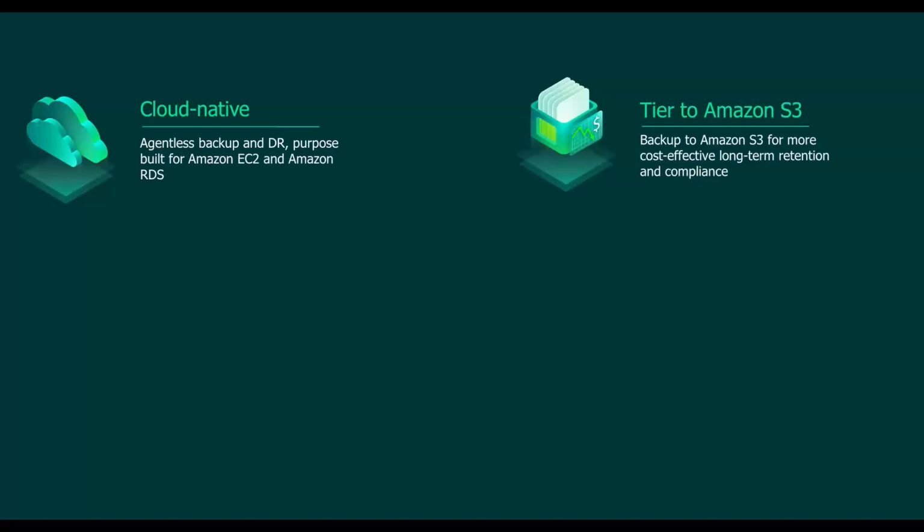Of course, we leverage the APIs, we make snapshots, and we can tier those snapshots in a Veeam backup format to an Amazon S3 bucket, depending on your needs to store that for long term.